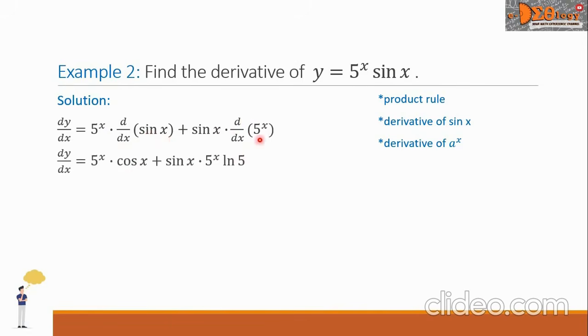The derivative of 5 raised to x will be 5 raised to x times ln of 5. We can see that we have 2 groups here and there is common, and that is the 5 raised to x. And we can factor that out. So our final answer is 5 raised to x times the quantity cosine x plus ln of 5 times sine x.